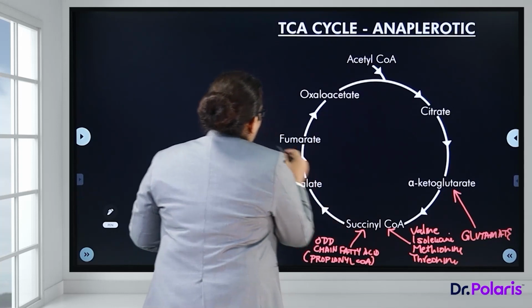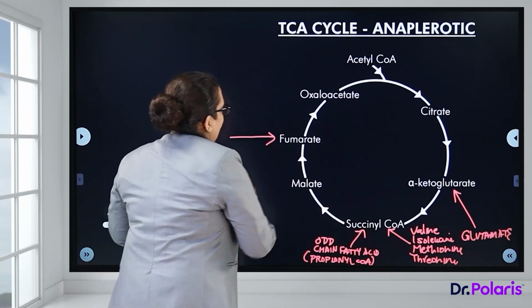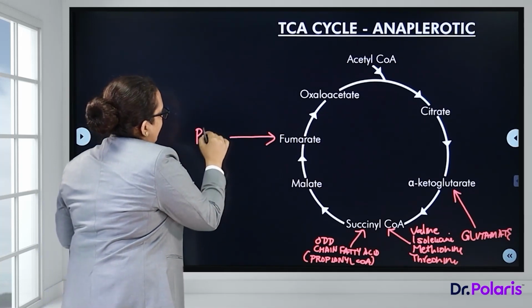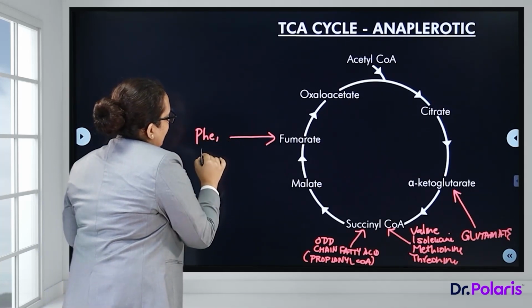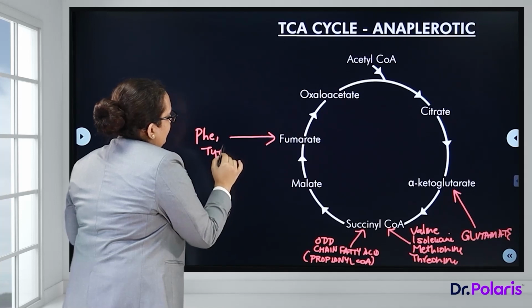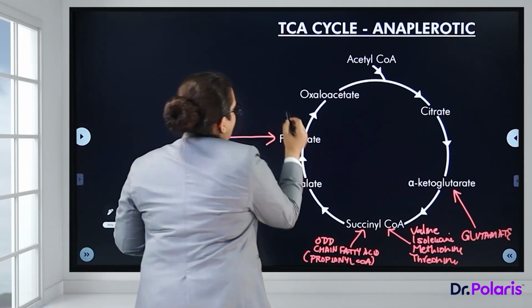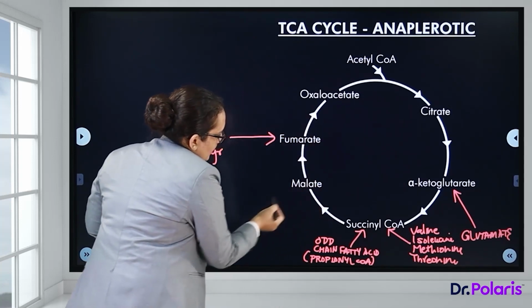Then we have fumarate. Aromatic amino acids such as phenylalanine and tyrosine can form fumarate. And then, sorry, I've left out malate.